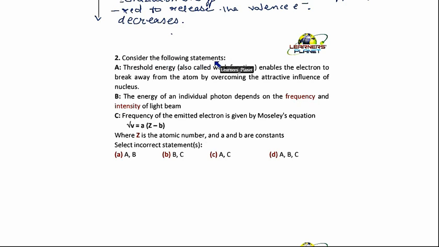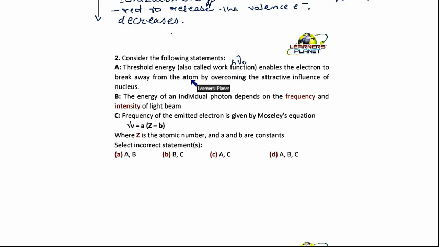Now let's take up this question. Consider the following statements. Threshold energy, also called work function, is given by h nu 0.